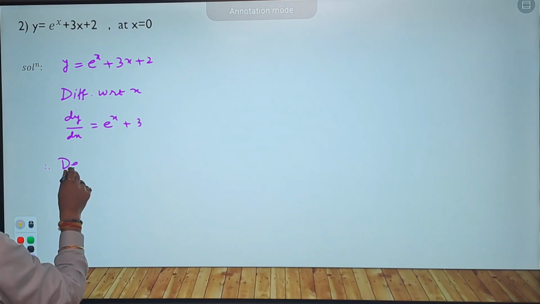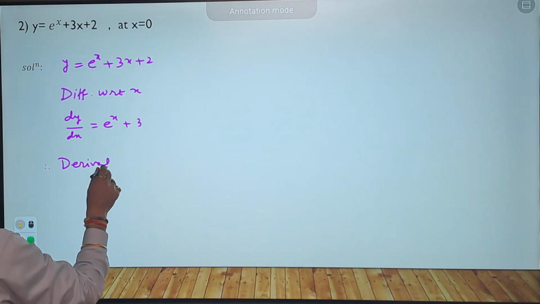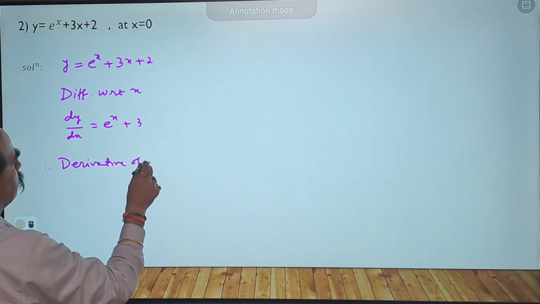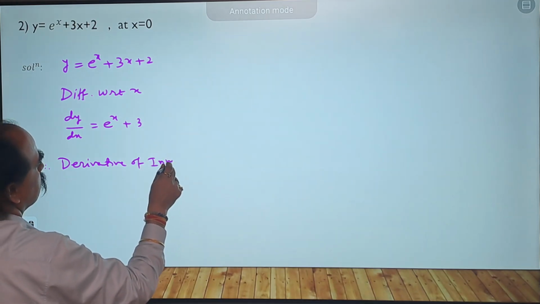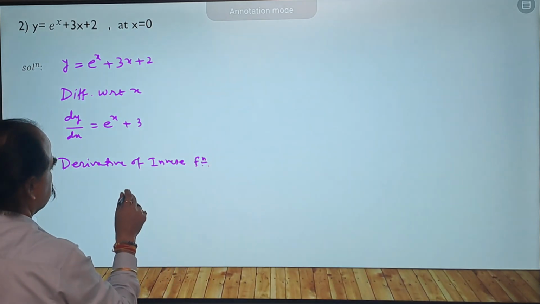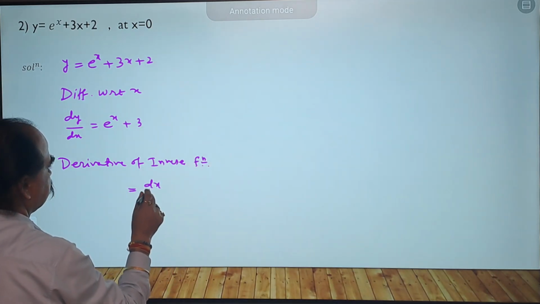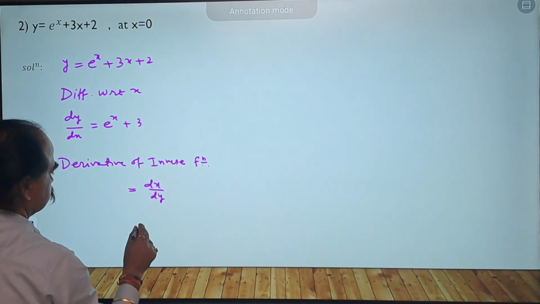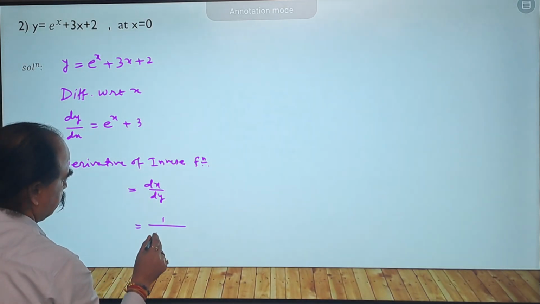Therefore, derivative of inverse function is equal to dx by dy, 1 upon dy by dx.